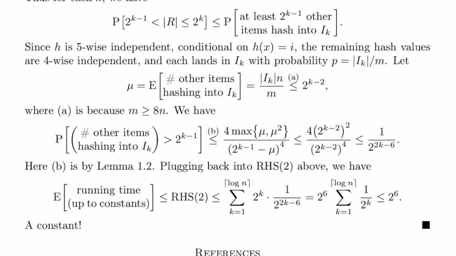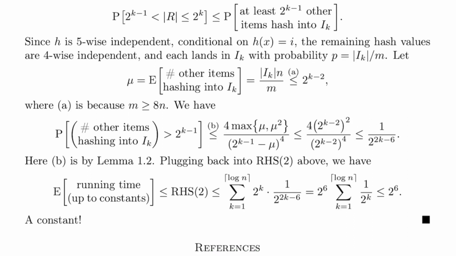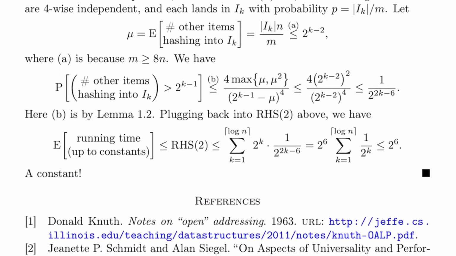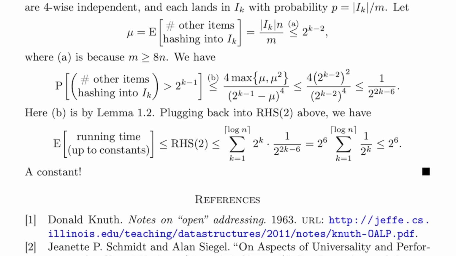This, in turn, because the average is at most 2^(k-2), is at most 4 times (2^(k-2))^2 divided by (2^(k-2))^4. And that, when we cancel out all the powers of 2, is at most 1 over 2^(2k-6).